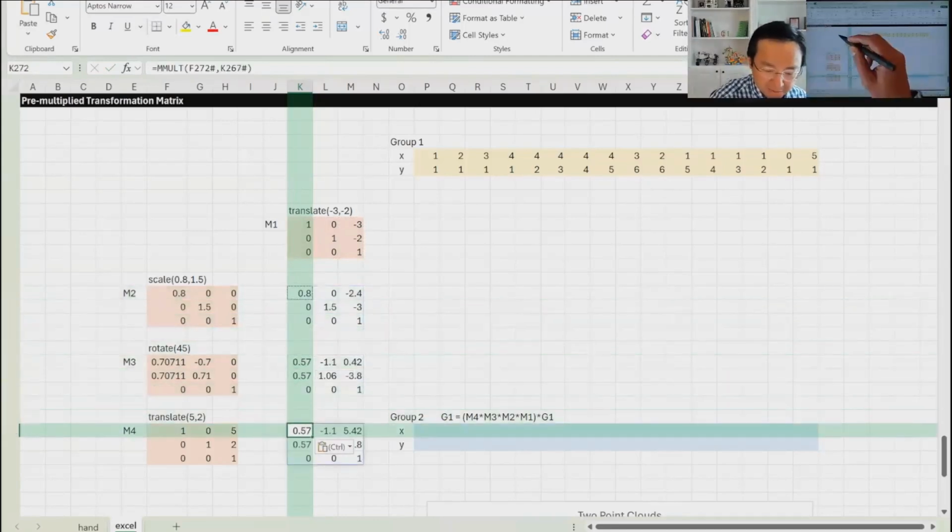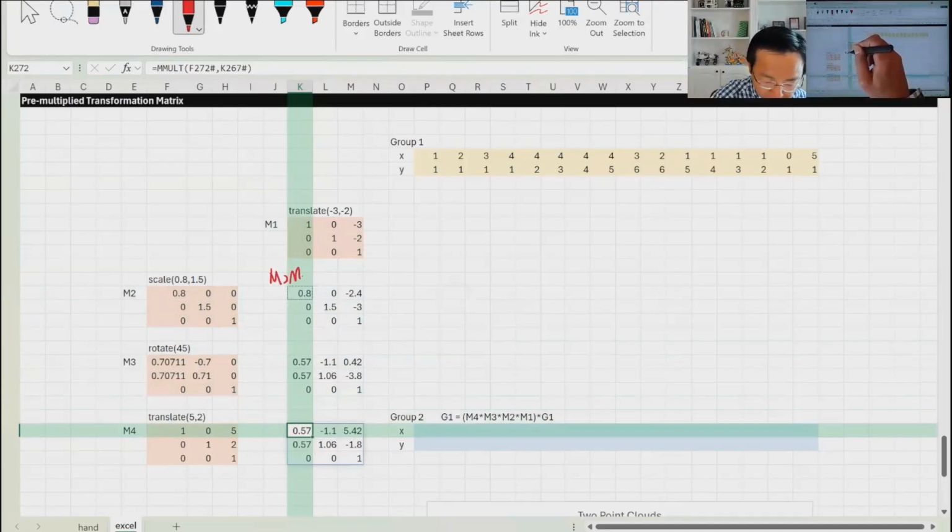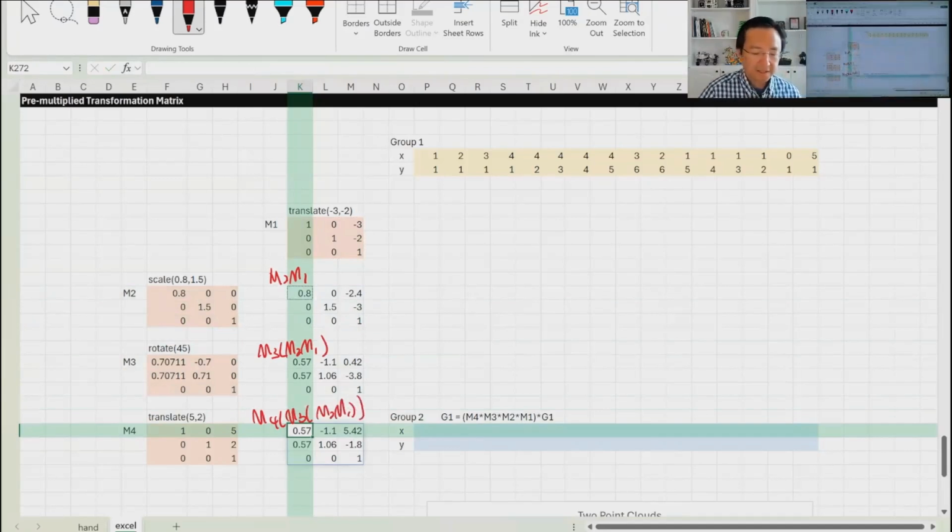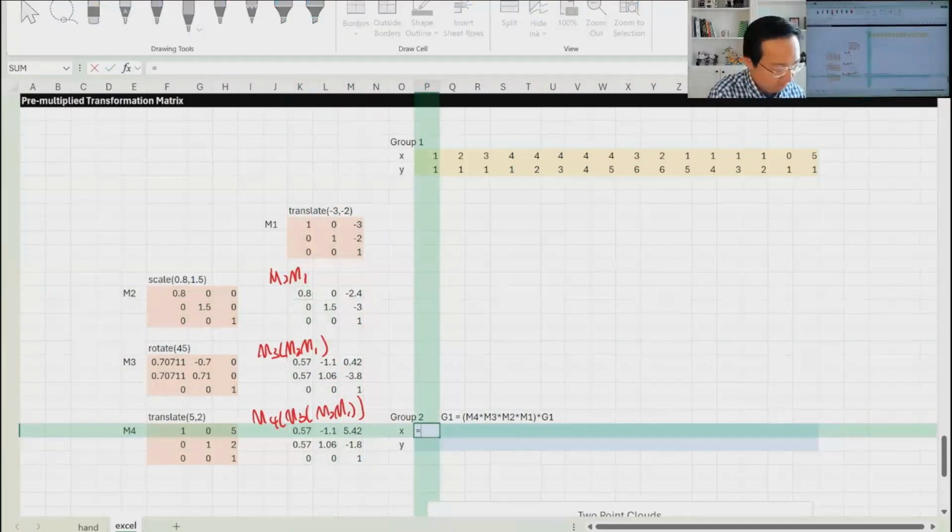So if I recall, this is going to be M2, M1, this is going to be M3, M2, M1, this is going to be M4, M3, M2, M1, with parentheses in this way. And then we have this joint pre-multiplied matrix. See what happens if we multiply this resulting matrix to our input here.